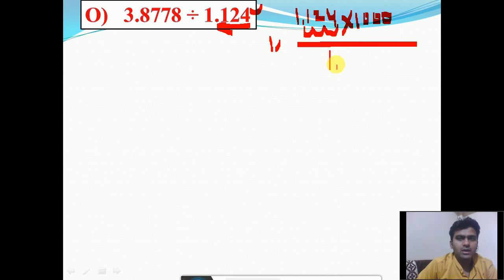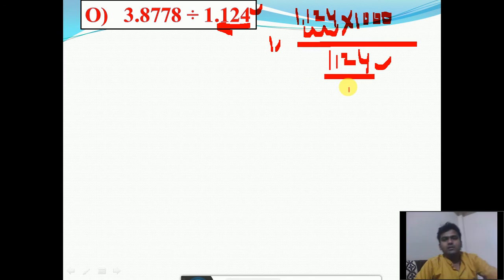So it will be 1124. The divisor is a whole number. Since we are multiplying the divisor by 1000, we have to multiply its dividend also by 1000.